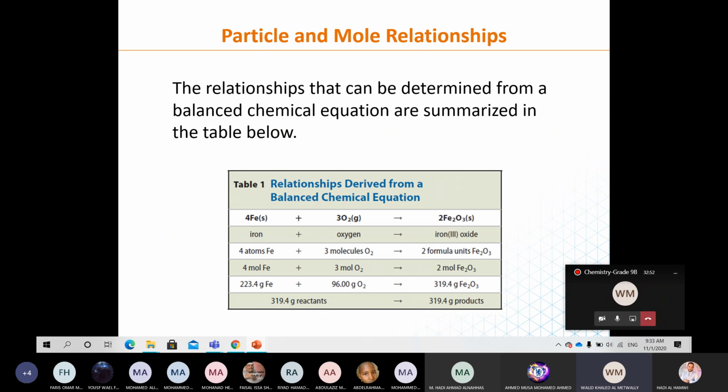Equal to each other. Equal, balanced. Very good. This is according to the law of conservation of mass, which is related to stoichiometry. Okay, great, no problem.